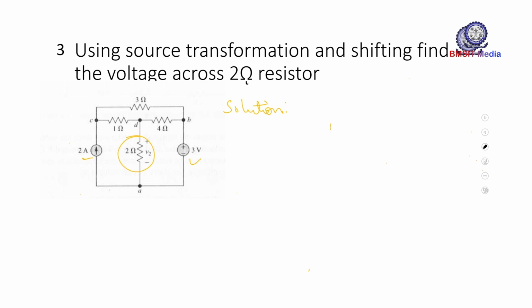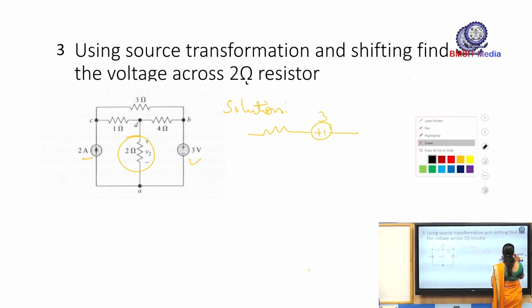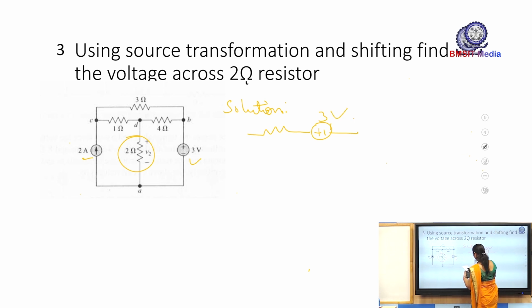Okay, so the reduced network after the I shift we have, but while shifting we have to be careful with the polarity.